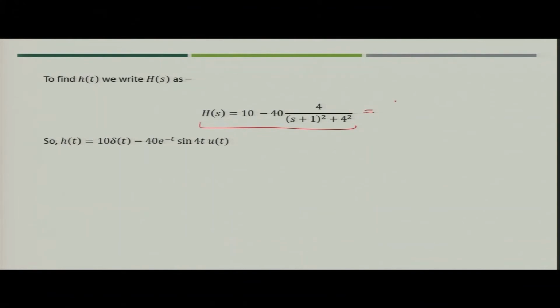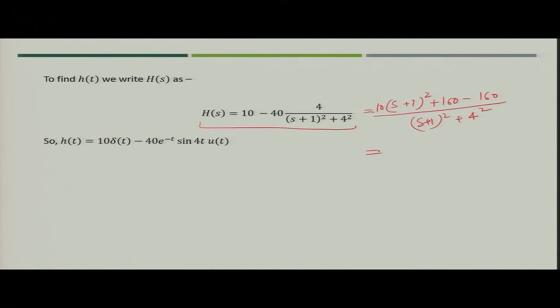This becomes (s+1)^2 plus, if you put 10 also, 10 into (s+1)^2 + 160 minus 160 divided by (s+1)^2 + 4^2.